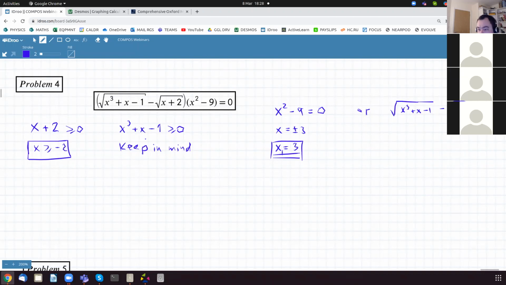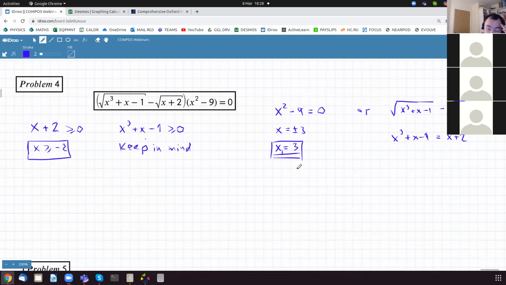Now this one. I take this to the right hand side and square it. X cubed plus x minus 1 is equal to x plus 2. Because they are equal, they are both going to be positive or both going to be negative at the same time. And we know that this thing is positive when x is greater than -2.